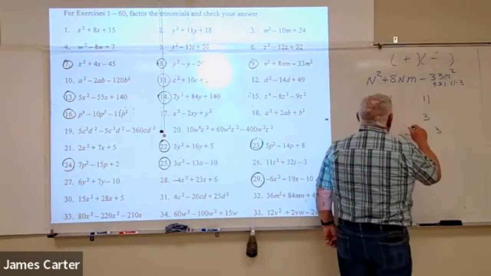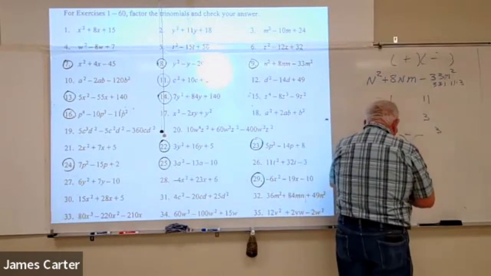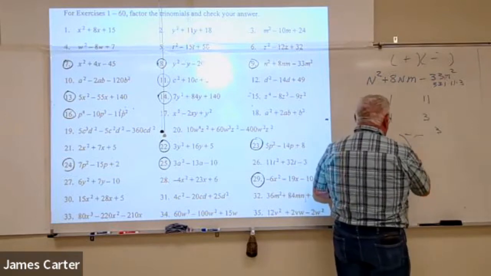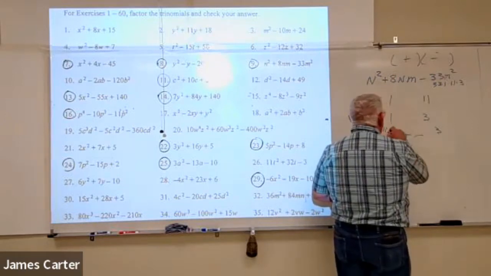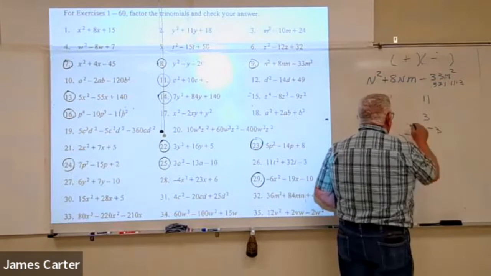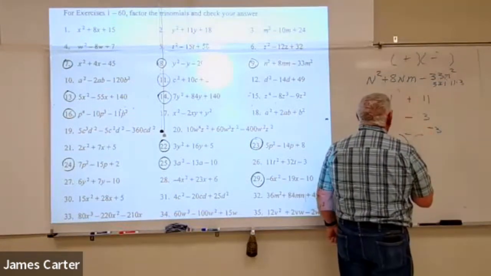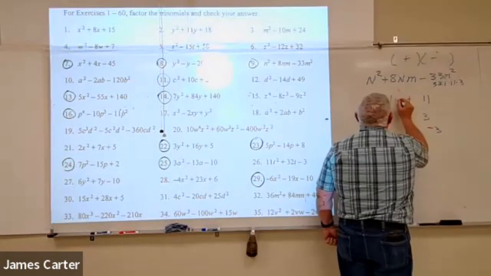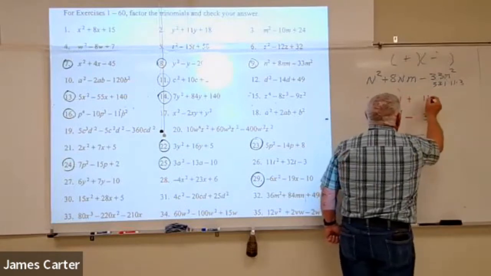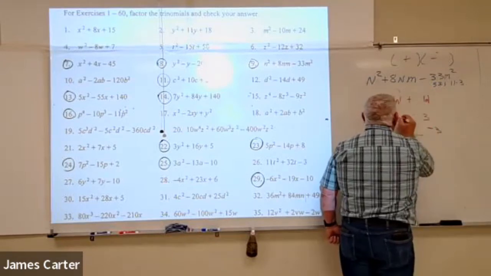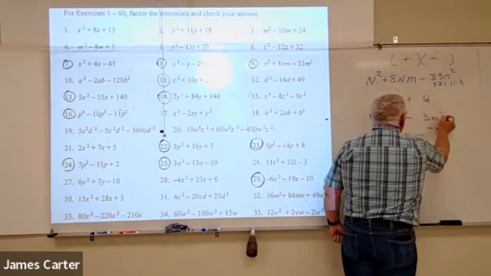Okay, now let's finish this thing up. Rule of signs. This is plus, so the biggest one is plus. The littlest one is minus. Here go your signs, because that one always goes on top like that. And we put in the n and the m, and the n and the m.